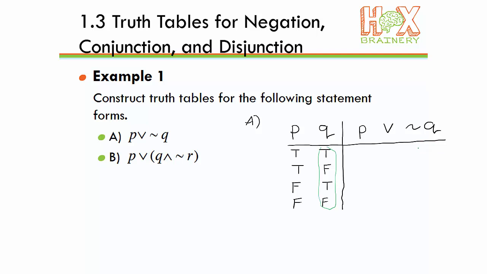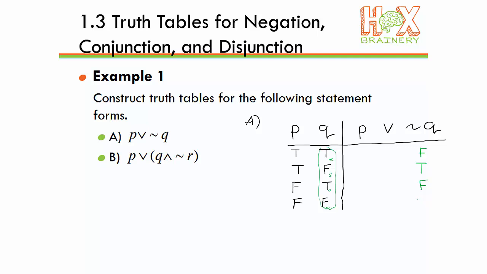So not Q, if I start out with a true statement, it's going to become false. If I have that Q is false, negating Q becomes true. I have Q is true here, negate it, it becomes false. And then down here I have that Q is false in that last case.